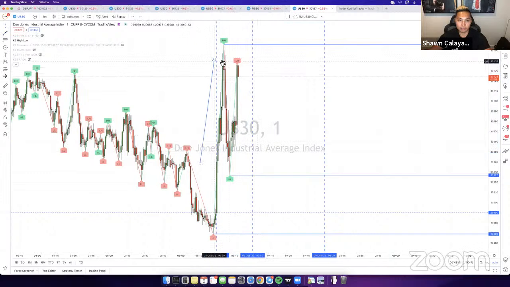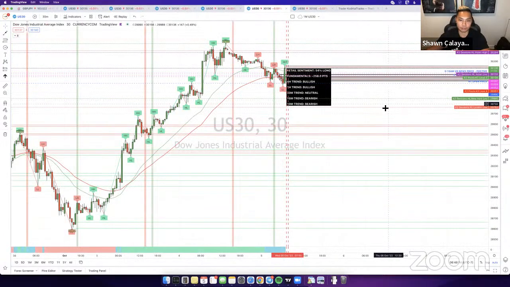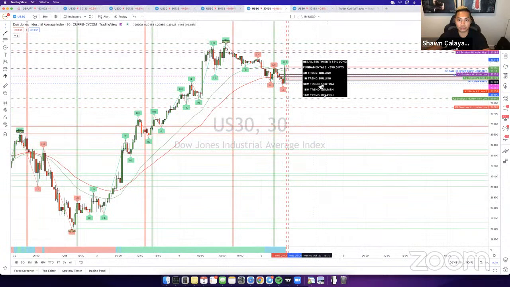I think today's going to be bullish overall. The only reason I think that is because the overall bias with regard to the trend is bullish. Trend meter for the 4 hour is bullish, 1 hour trend is bullish, 30-minute trend is neutral, but it seems like it'll start shifting to a bullish bias once it closes above this pivot over here.